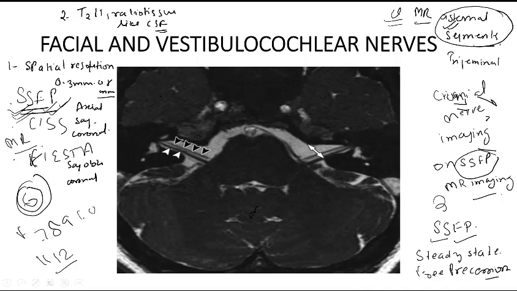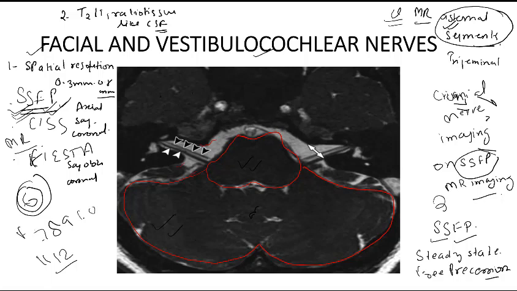Coming to the first nerves I'll be discussing, the facial nerve and the vestibulocochlear nerve. I'll be discussing the other nerves also, but in some other video. As we are seeing in this picture, this is the cerebellum and this is the pons, and we are able to see the cerebellopontine cistern.